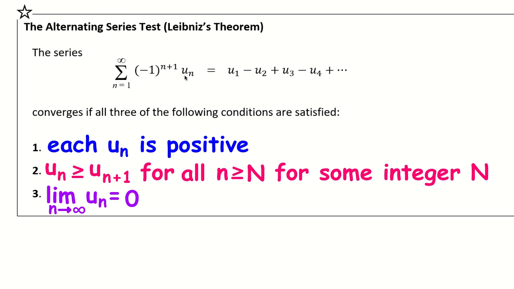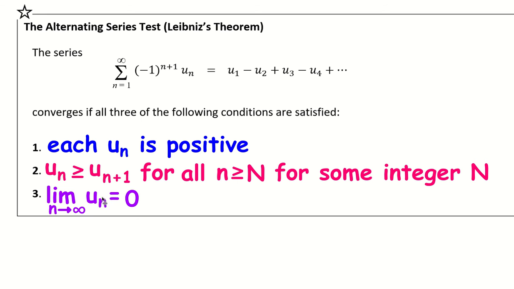And if it's getting smaller, so every following term is equal to or smaller than the term right before it, and if these terms are approaching 0.